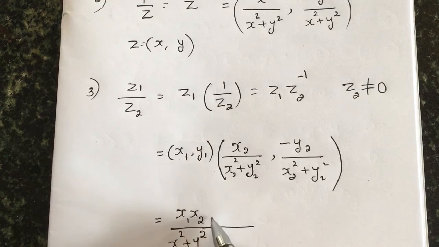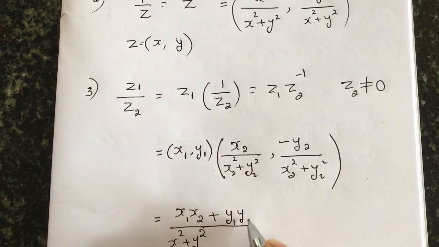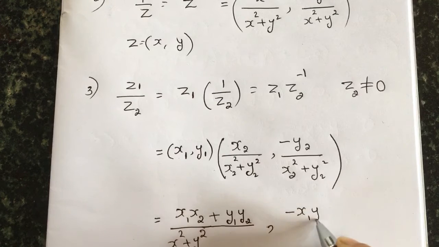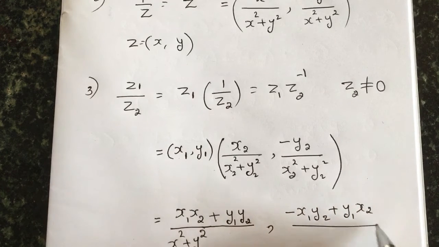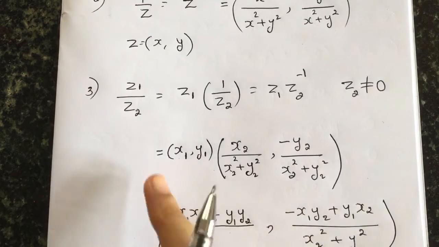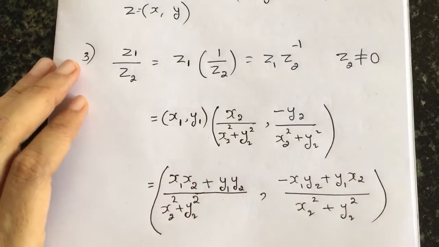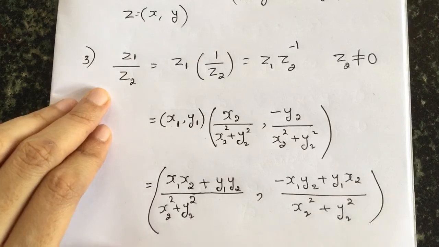In fact, I can directly write this with this, so with i comes out, so y1 y2 and minus x1 y2 plus y1 x2 divided by x2 square plus y2 square. You can separately multiply and combine, no problem. I have written directly. Okay, this is z1 by z2.